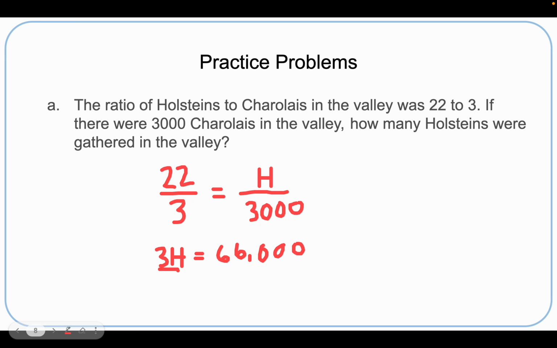And then divide both sides by 3. And we end up with H equals 22,000. So 22,000 Holsteins and 3,000 Charolais.